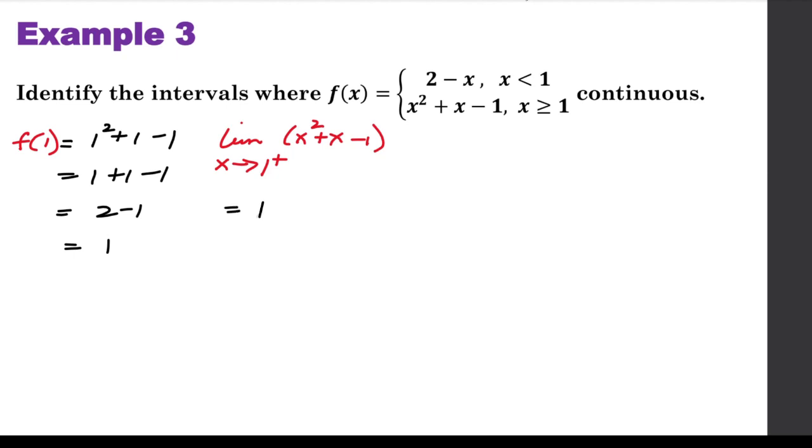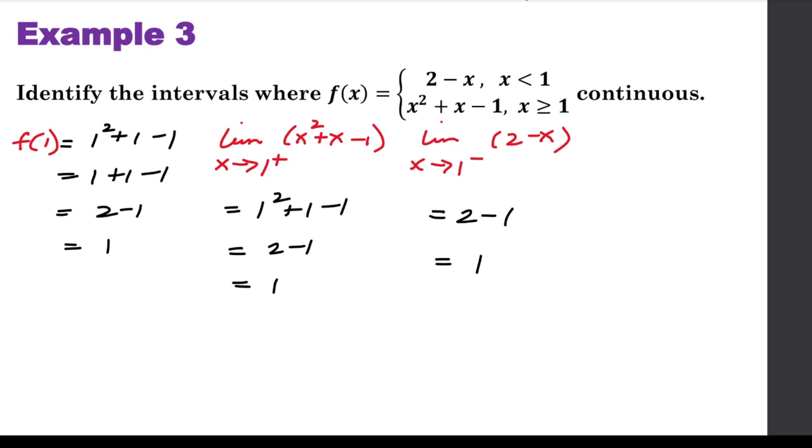By direct substitution, we have 1 squared plus 1 minus 1, and therefore this will be 2 minus 1, and we have 1. For the left-hand side limit, we're now going to use the function 2 minus x. So we have 2 minus 1, and therefore we have 1.